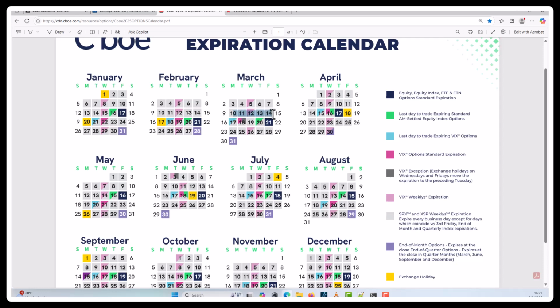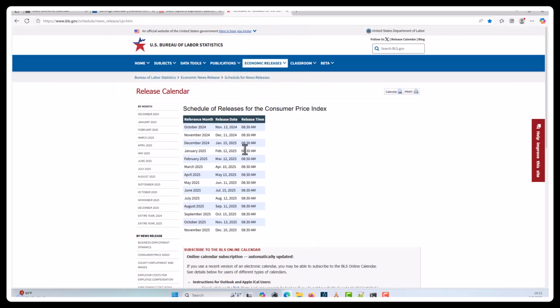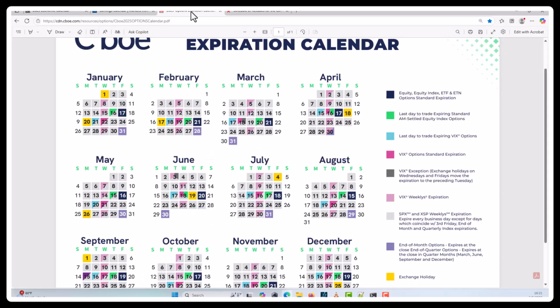And next week we're going to have the CPI data released on March 12th. March 12th is a Wednesday, so it's midweek. Very excited to see how the inflation number is going to impact the movement or the volatility of the market.